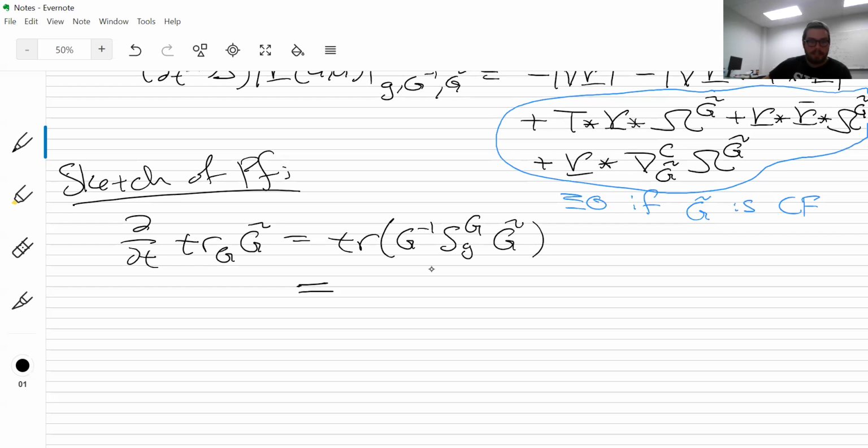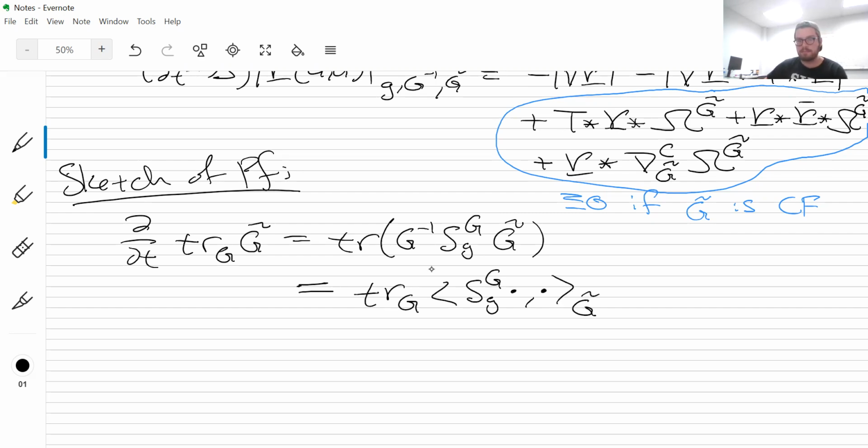But you can rewrite this as the G trace of the G tilde flat of this S G G. These quantities are the same. And then you just apply the Schwarz lemma.